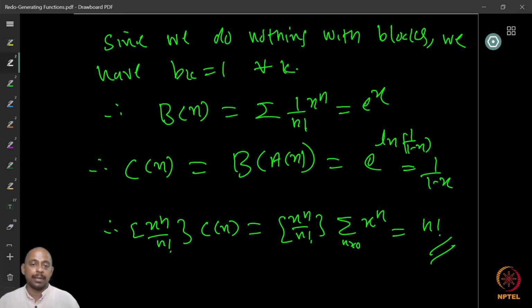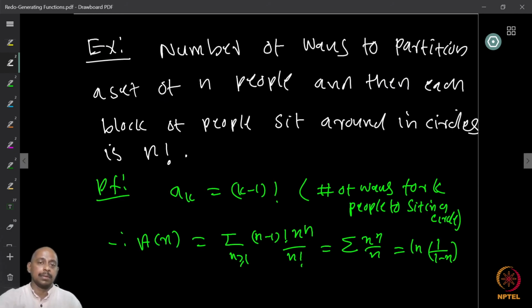So n factorial is the number of ways of making the C type structures on n element sets, which is basically asking the people to sit around in circles. So there are n factorial ways of doing this.